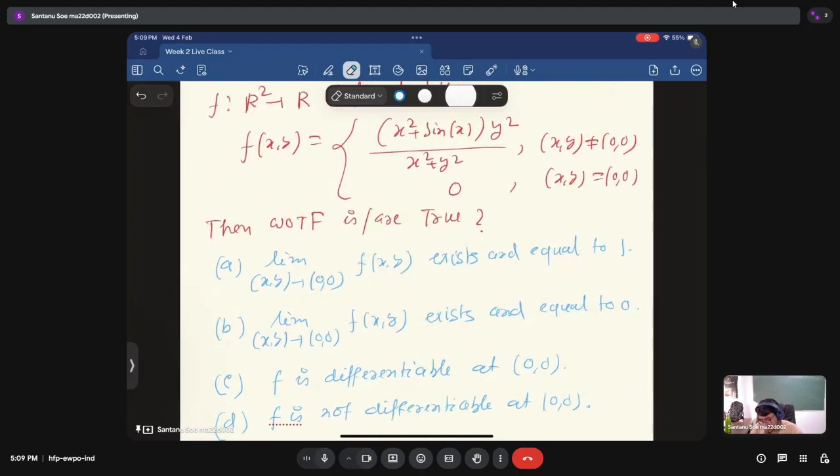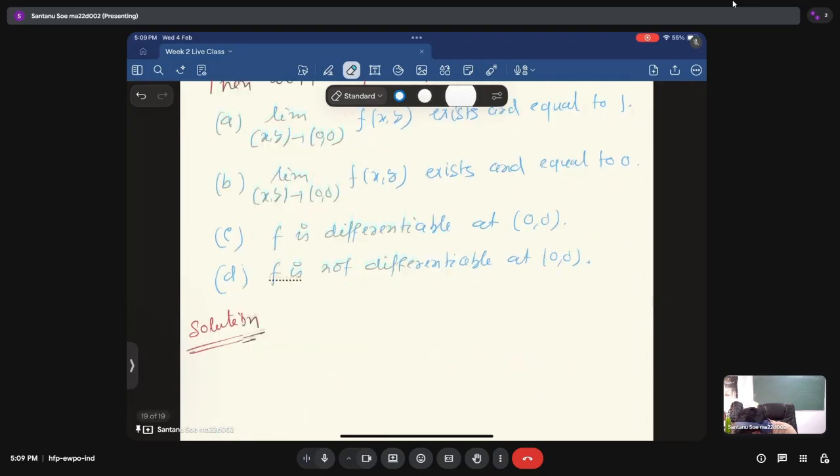This is not truly straightforward, to show that the limit exists. I mean, limit (x,y) tends to (0,0) of f(x,y) exists and equals some value. Our guess is that it can go to 0, because you see in the numerator the sum of powers of both x and y is much higher than in the denominator, right?